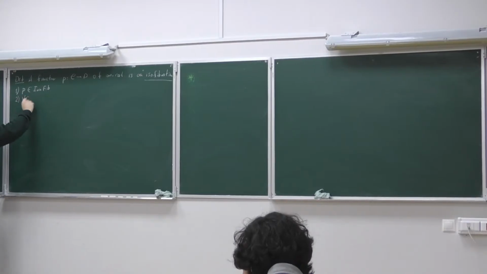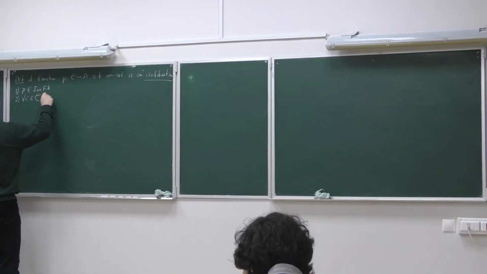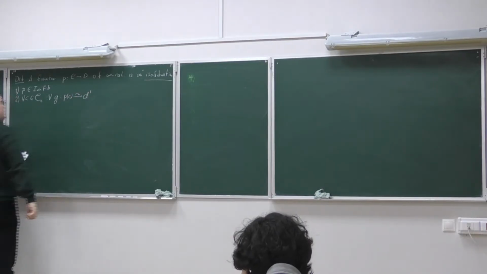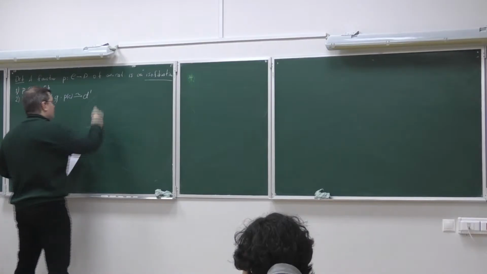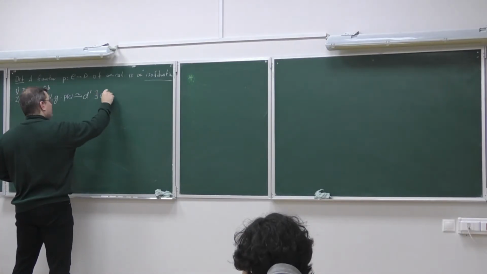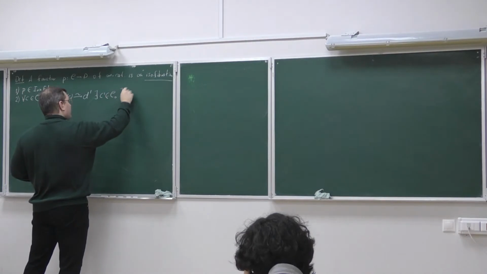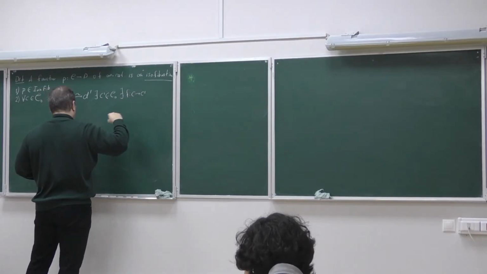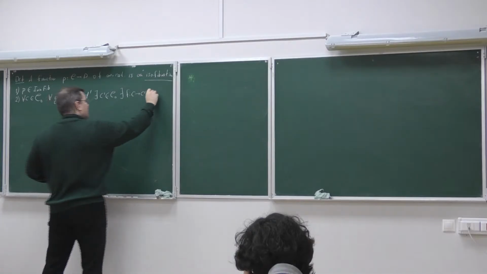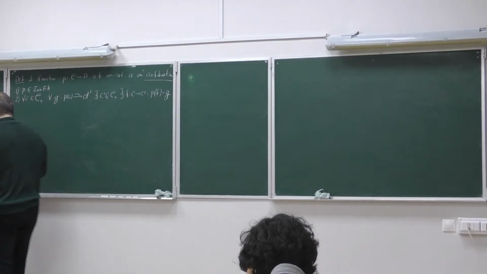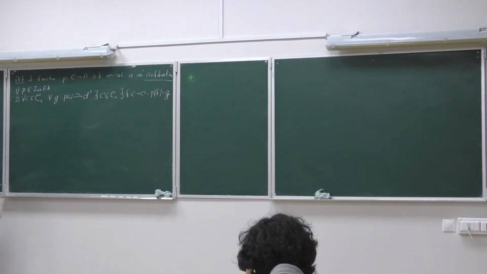For any vertex little c in the category C and any isomorphism G from P of c to d, so that's an isomorphism in D, there is another vertex c prime in C, and there is an isomorphism F from c to c prime such that if you apply P to this isomorphism, you'll get exactly G. So that's just a formal rewriting of the same that we saw last time.